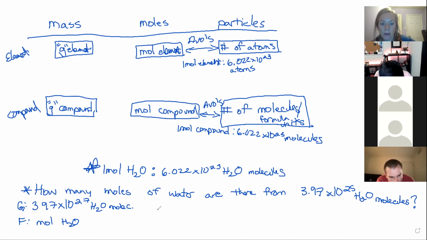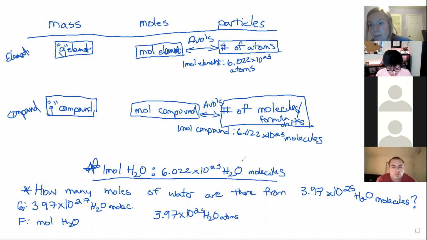So I start with my given information, which is this 3.97 times 10 to the 25th H2O atoms. And I'm going to use this conversion factor, which is our chemist dozen conversion factor. I want to put, not H2O atoms, sorry guys, H2O molecules.